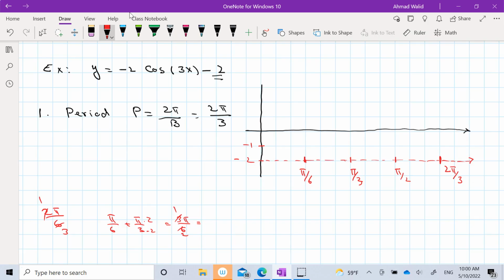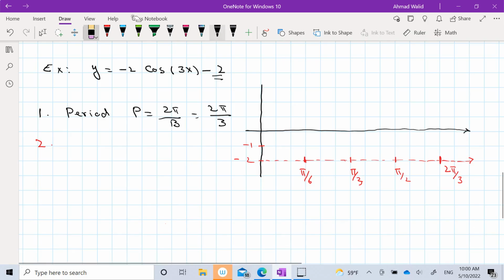Correct? We did step number 2 also, which was the vertical shift. And step number 3, I'll mark the x-intercepts, right? Your step number 3 is x-intercepts. Okay, I'm dealing with cosine, correct? This is your new x, this is your old x, and this is y.